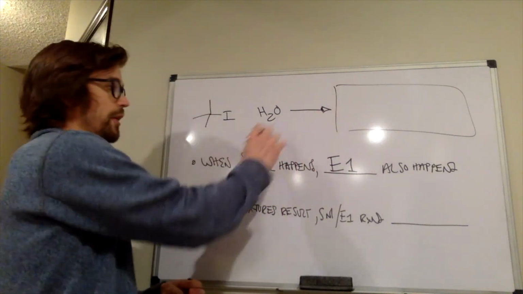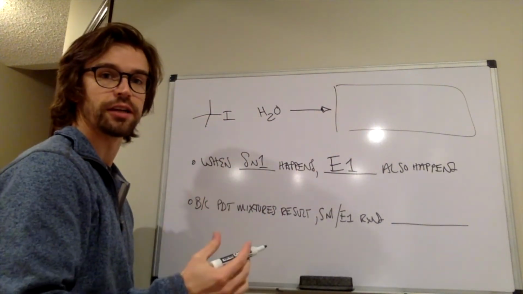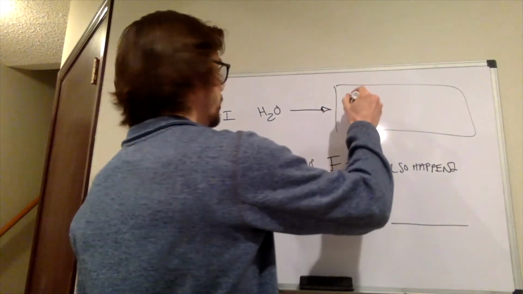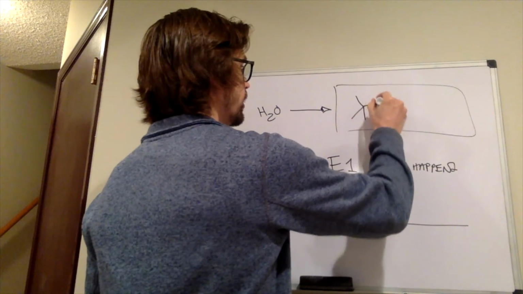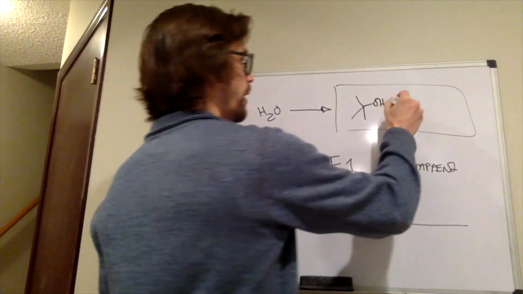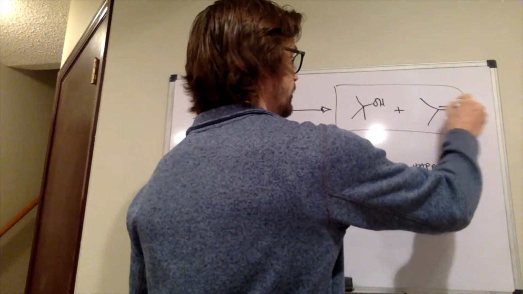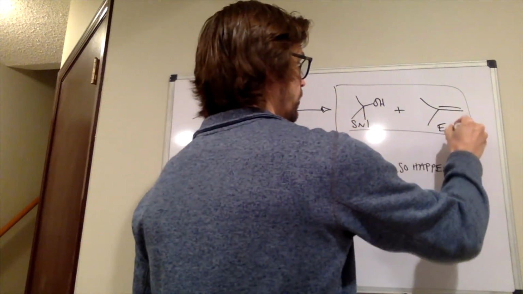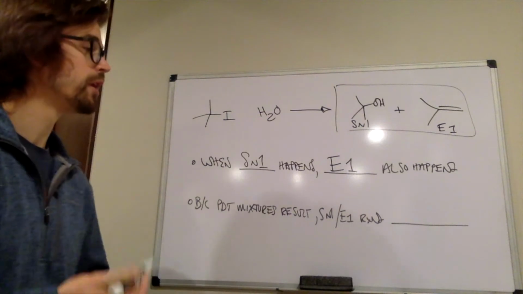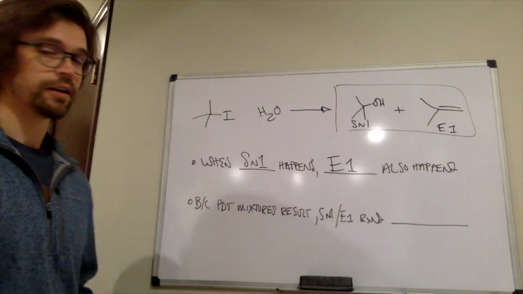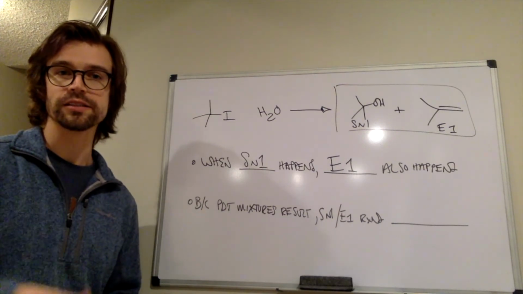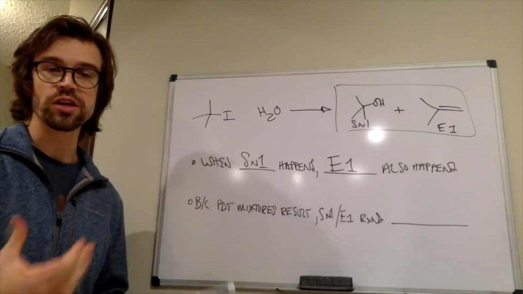So it actually turns out that if we had these reaction conditions, we're not going to have one major high-yielding product. We're going to get a mixture of the SN1 product plus the E1 product. So this is the SN1 product, this is the E1 product. So essentially, SN1, E1 reactions, as synthetic chemists, we want reactions that make something in a good yield.